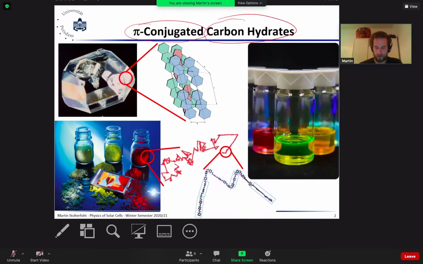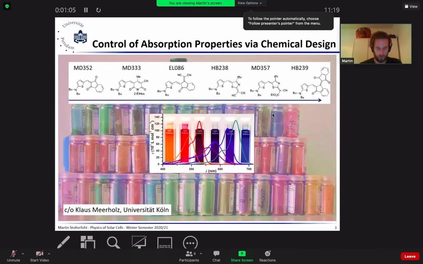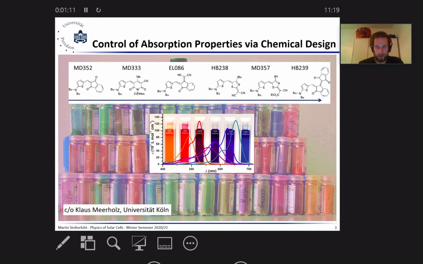They have vastly different optical properties depending on the band gap, and an infinite amount of molecules can be chemically synthesized by changing the chromophores, the repeating units, and so on. This is one example of a series of molecules with very different absorption properties.